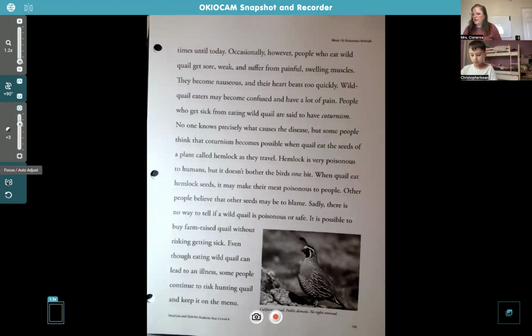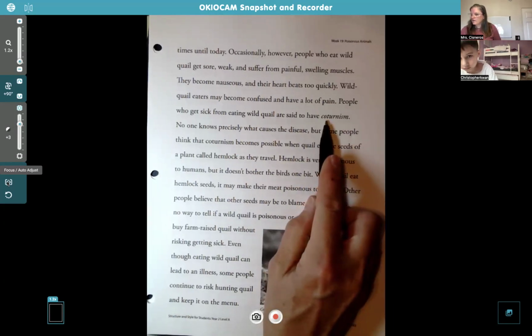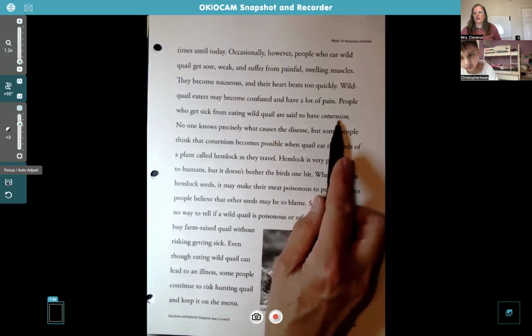Interesting. They become nauseous and their heart beats too quickly. Wild quail eaters may become confused and have a lot of pain. People who get sick from eating wild quail are said to have coturnism. I'm not sure what that is.